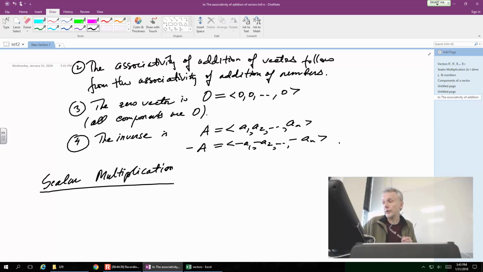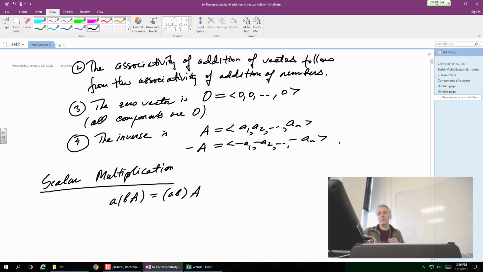Okay, so what we're talking about is, say, (ab)A is equal to a(bA). That's associativity.